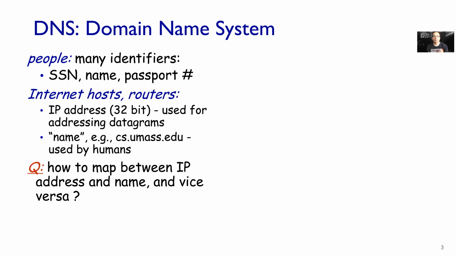Okay, so DNS, why do we need DNS? Well, as you know, we as humans have different identifiers, right? We have our name, our tax file numbers, ZID, passport numbers, and each of these has its own purpose. From a uni's perspective, they often use your ZID as your identifier.